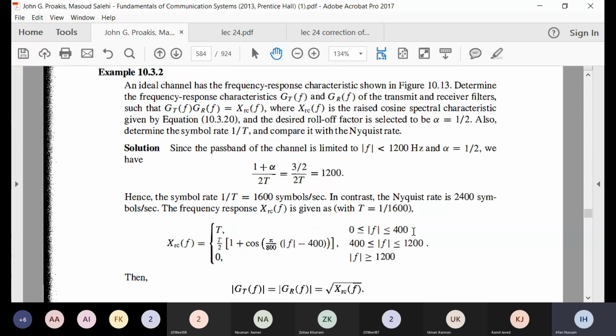So we saw that 1 over T is equal to 1600.